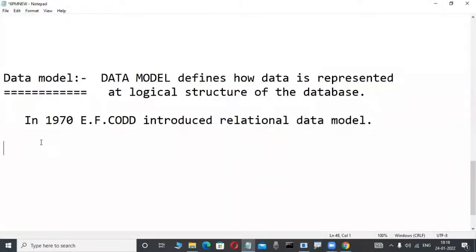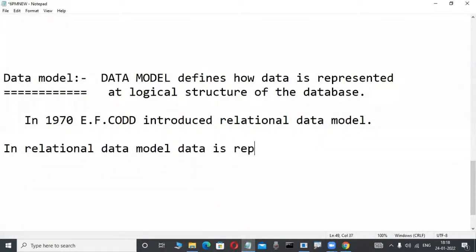In the relational data model, data is represented in two-dimensional tables.